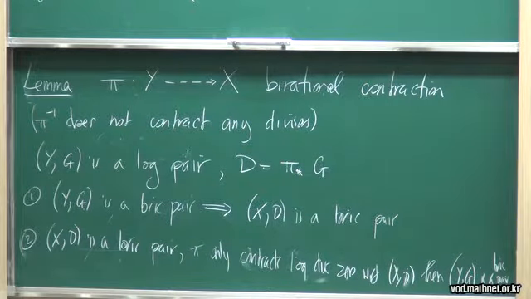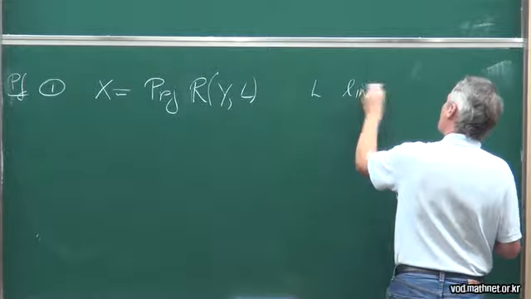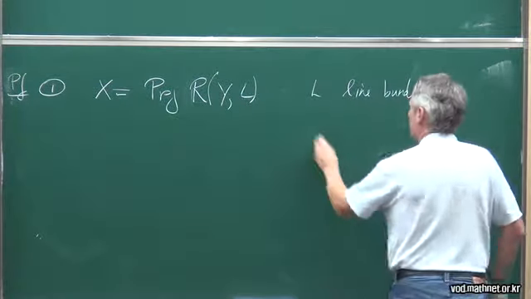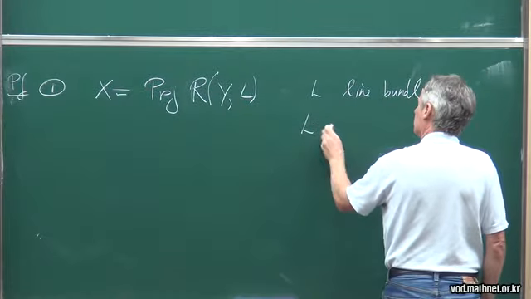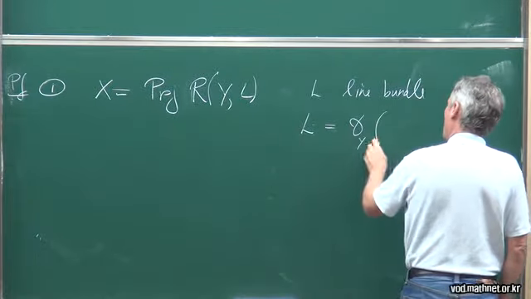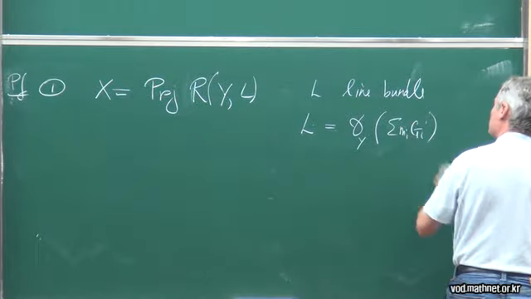So 1 is true for many, many different reasons. Perhaps maybe the easiest is just to say that X is Proj of some section ring of some line bundle. L is a line bundle. But you see, if Y is toric, then L is given by some invariant divisors with some various coefficients.